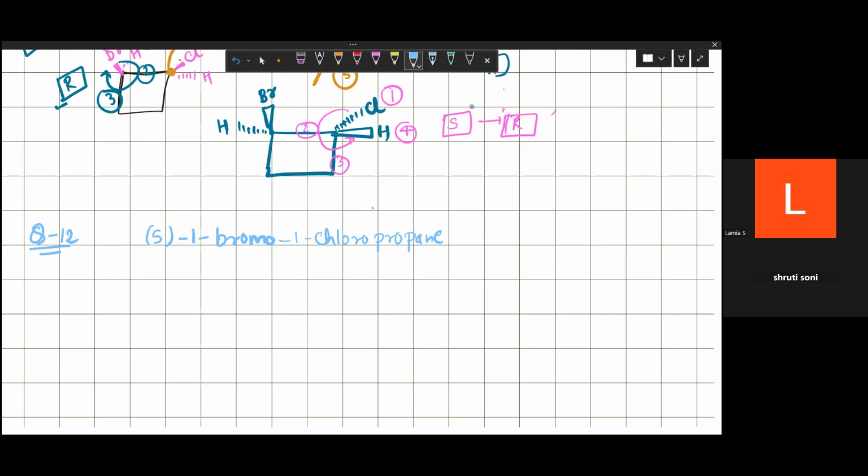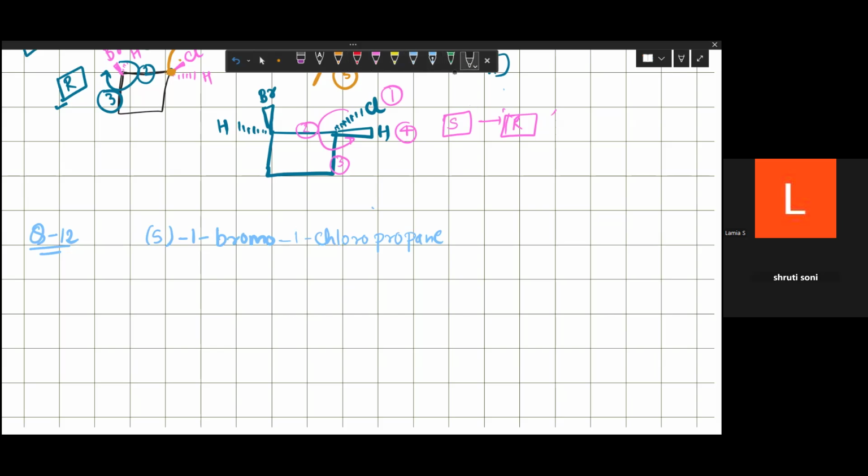Now you need to identify the S configuration. In case of bromine and chlorine, you need to represent them as wedge and dash, or you can represent them in plain also. So let's see how you can do that.